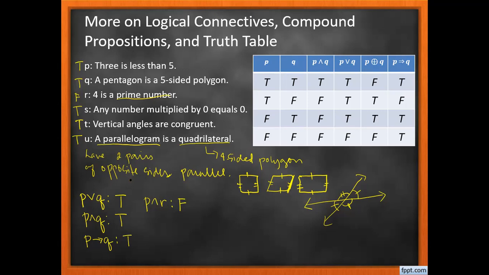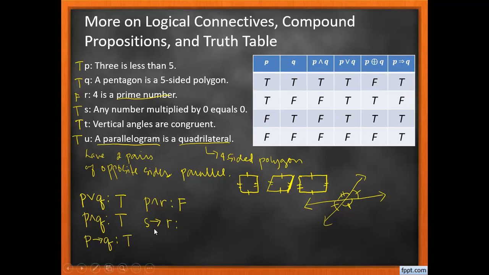Okay. So how about if S, then R. So we're going to construct this using if S then R. So we have if any number multiplied by 0 equals 0, then 4 is a prime number.